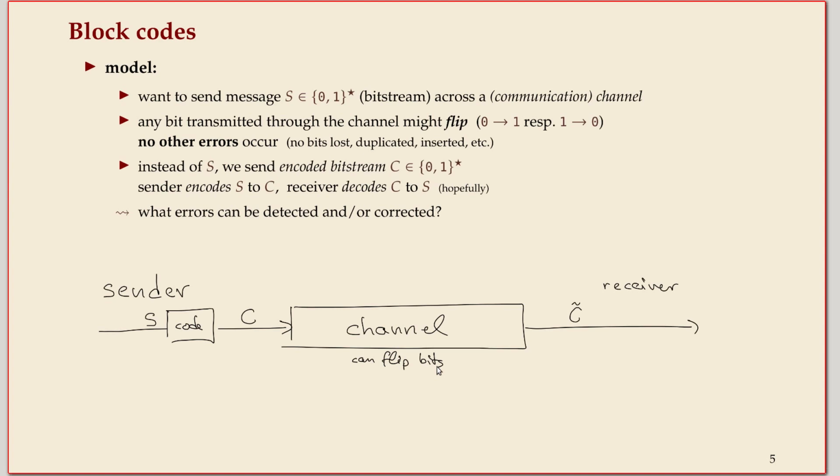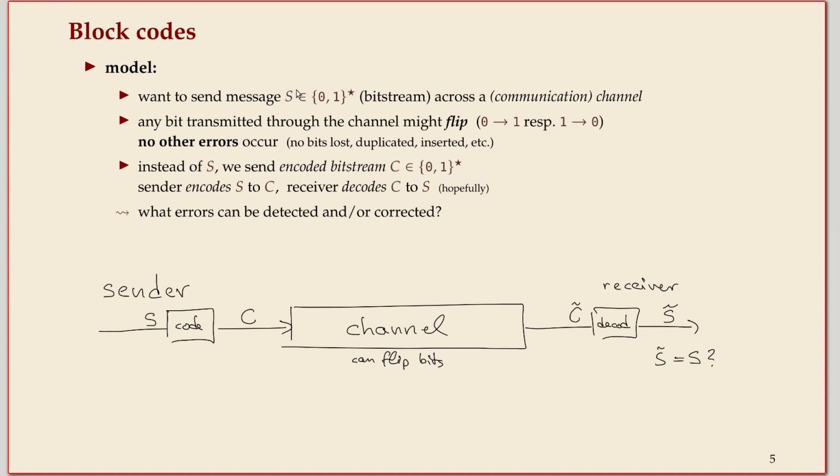It shouldn't be too likely that it happens, but it's a possibility. And then the receiver will also need a box that gets hopefully the same message back. But this is not guaranteed in all cases.